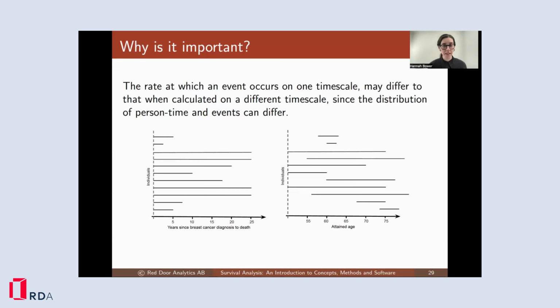So the follow-up time is exactly the same on both of the timescales. But you should very clearly be able to see that the distribution of this is very different. And if we had events also on these lines, if we had some crosses at the end of them representing when individuals died, we would also see that the distribution of the events would shift across these two different timescales.